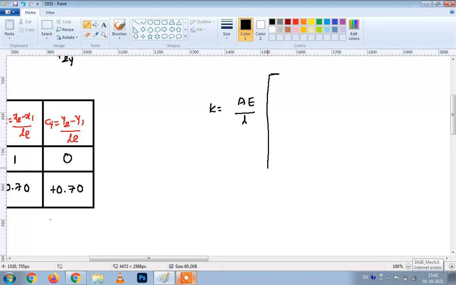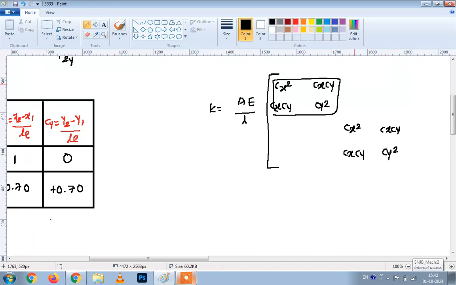Then the matrix is Cx square, CxCy, and Cxcy, Cy square, and we have to repeat these values, as we saw in the last numerical, and then change the sign: minus Cx square, minus CxCy, minus CxCy, minus Cy square. So we have to find these four values.